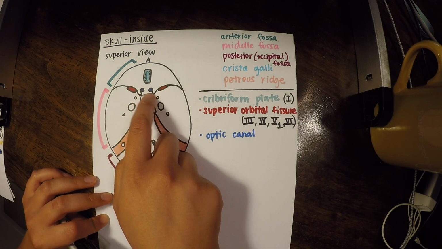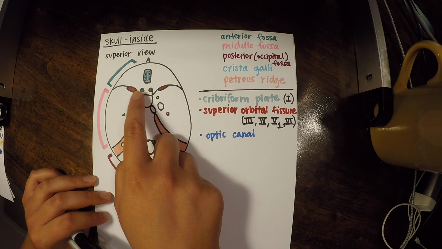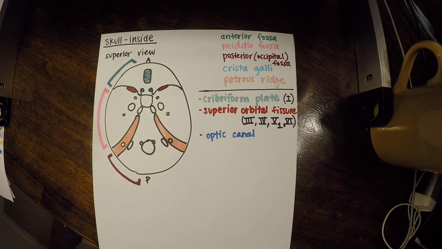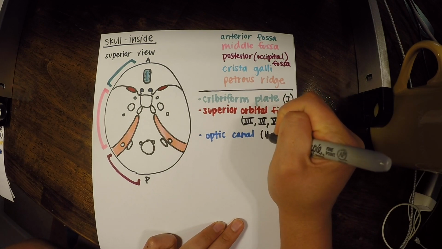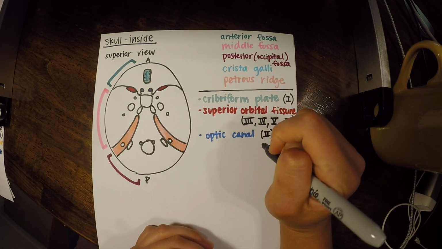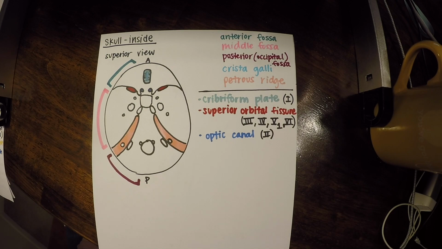So this is technically your optic canal, which is still a foramen. And what travels through there is your cranial nerve number 2, which is your optic nerve. So once we learn the names of these nerves, it will really help you remember which ones will pass through each foramen.